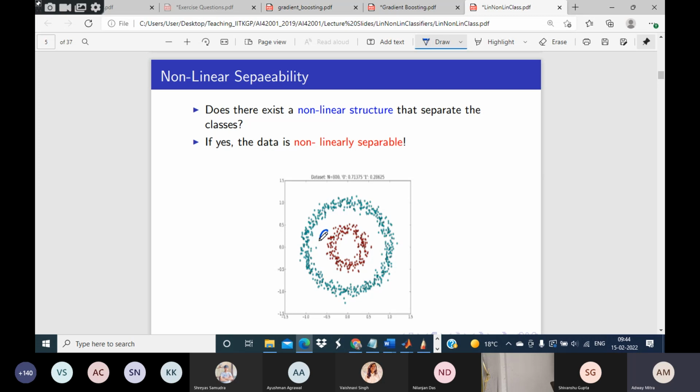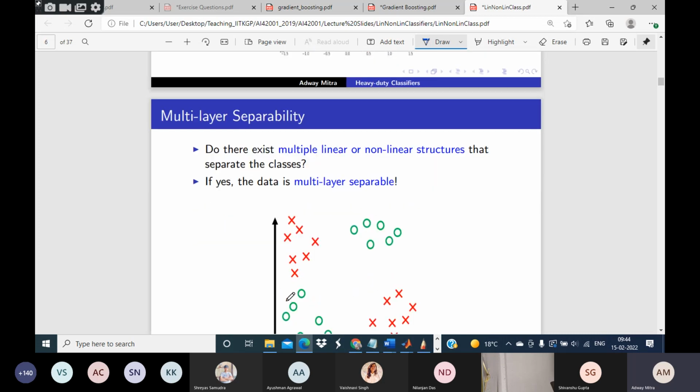But if you define a circle, then obviously all the red points are inside the circle and all the blue points are outside the circle. The circle is a non-linear structure. So it is not possible to separate these two classes by any linear structure, but it is possible using a non-linear structure. This kind of data set we call non-linearly separable.